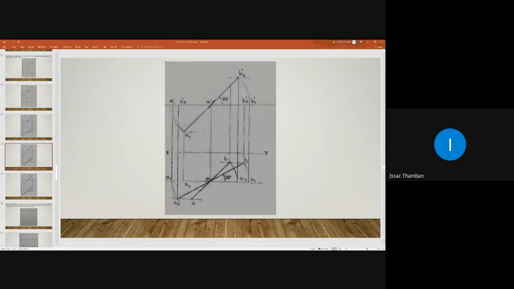MB2 is equal to MA2. You can draw another arc in the opposite direction and intersect this locus line here, and that is small b. Connect ab, and that is the final plan.